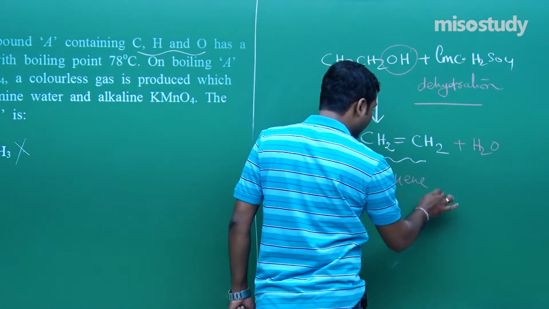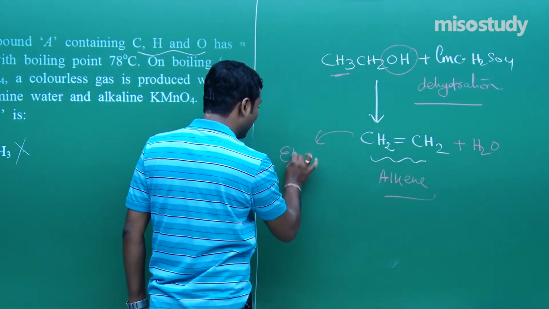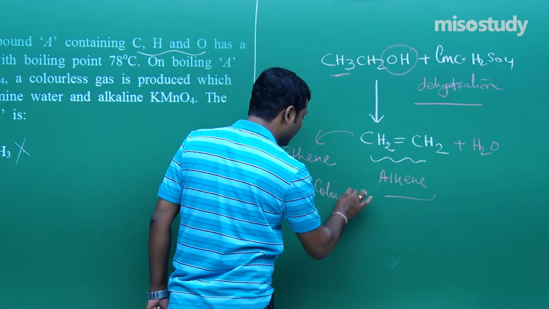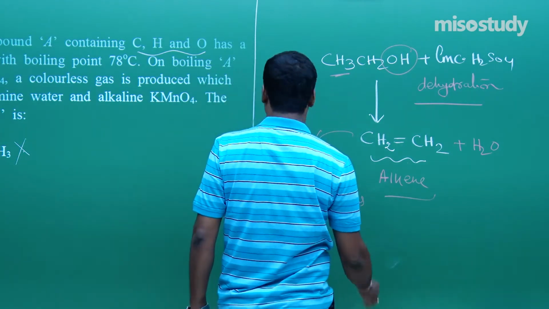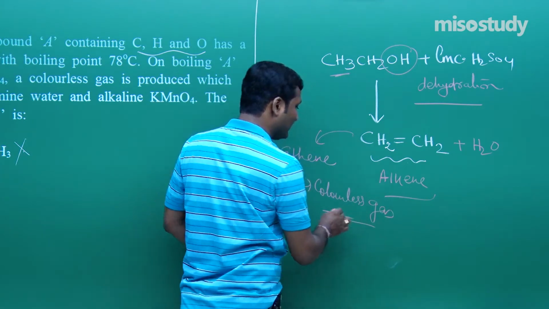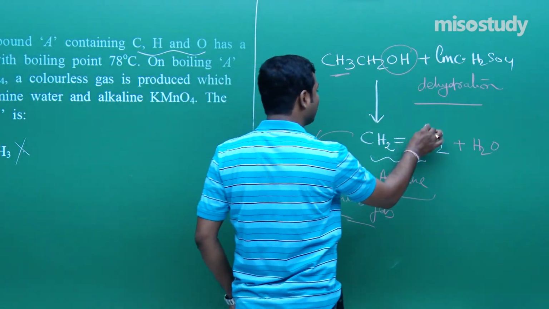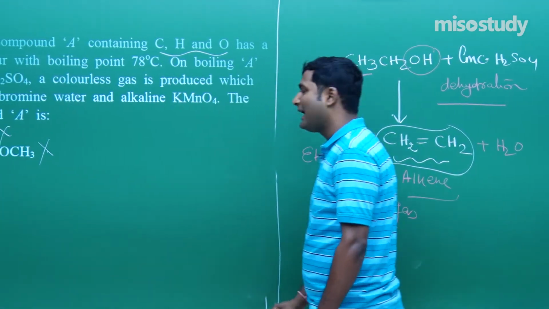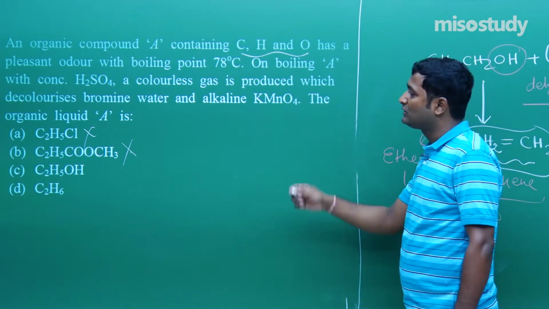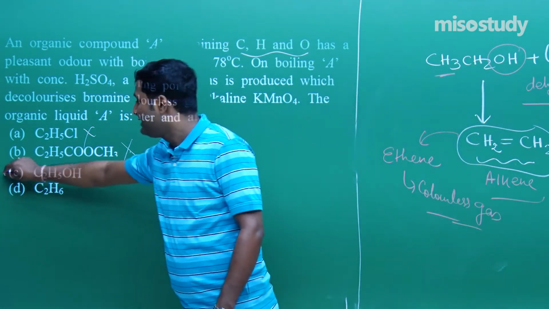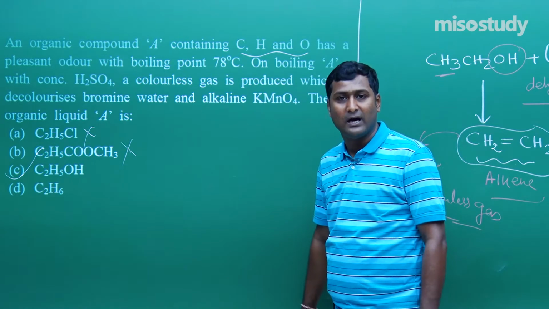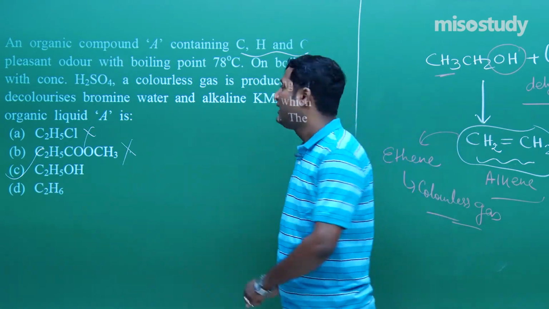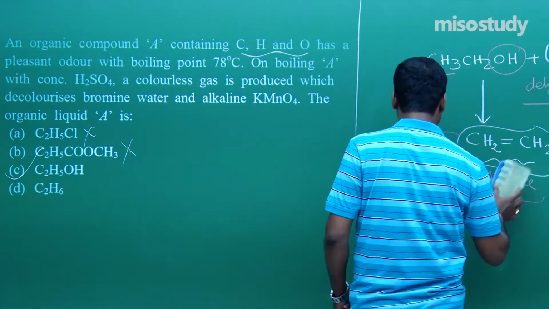This alkene is ethene, a colorless gas, and it can decolorize bromine water and alkaline KMnO4. So the organic liquid is C2H5OH. For question number 2, C is the correct option. Clear, friend? Now I'm going to rub this part and we'll discuss the next one.